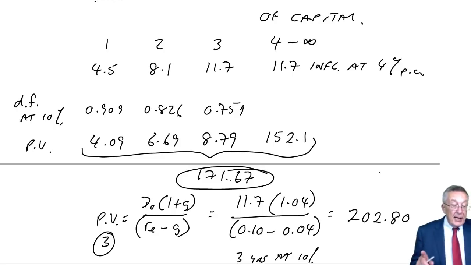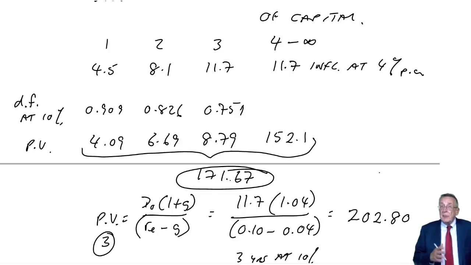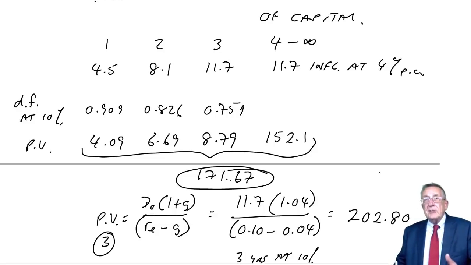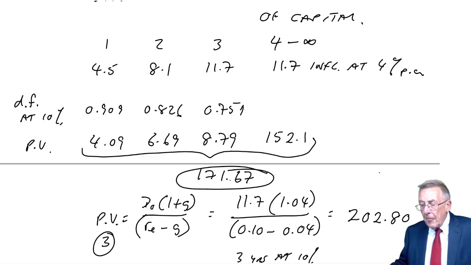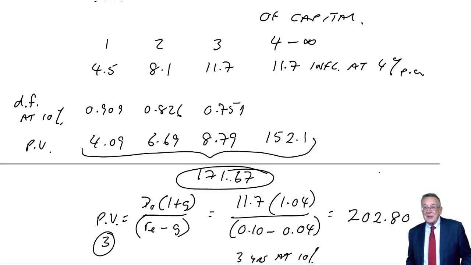Now, a couple of things here which are very, very important. When we look at free cash flows, I'll say there's an alternative coming later. When we look at free cash flows, it's free cash flows just as for project appraisal, and we're working out the net cash available to providers of finance. You know, that 4.5 in the first year, some of it will go to shareholders, some of it belongs to debt lenders.